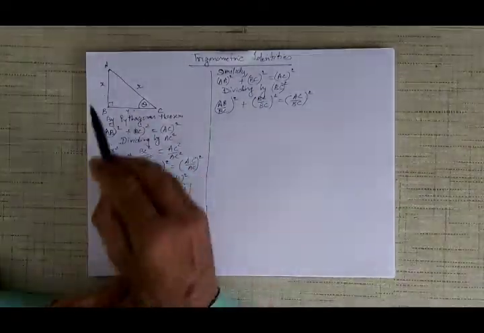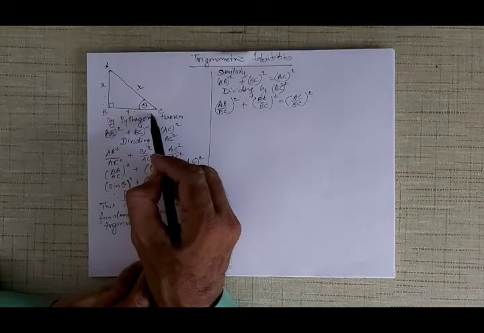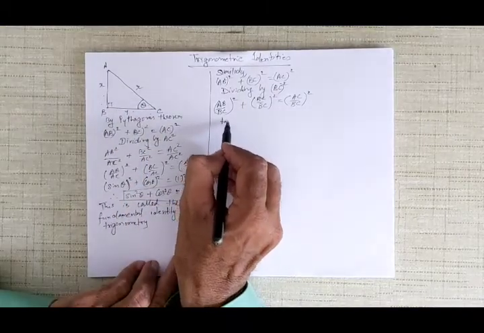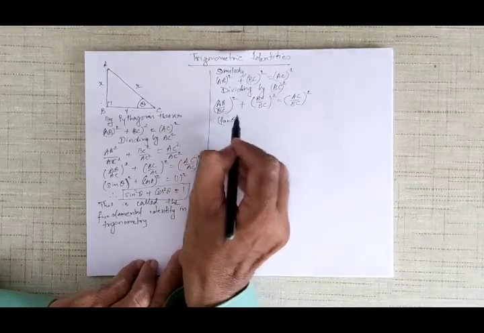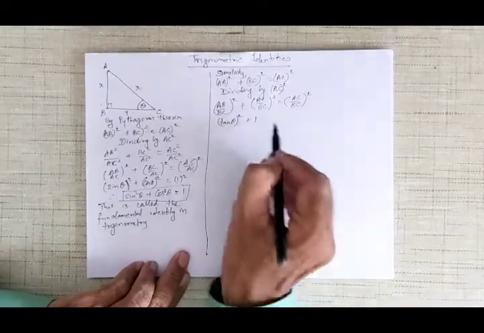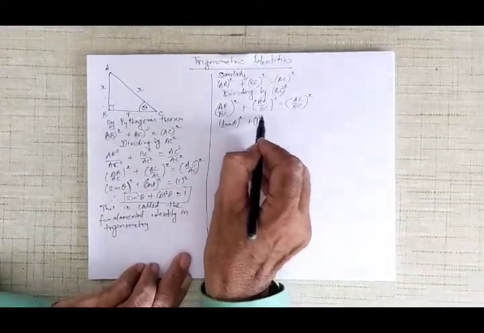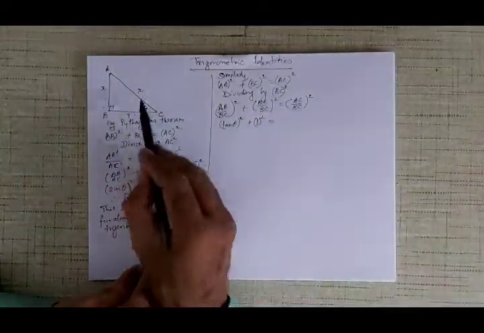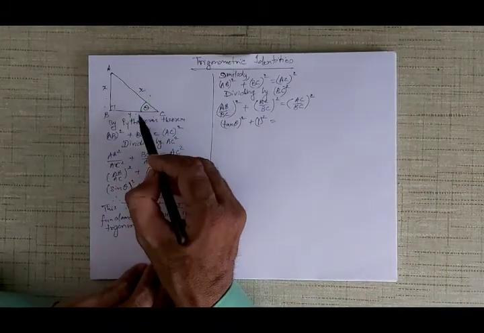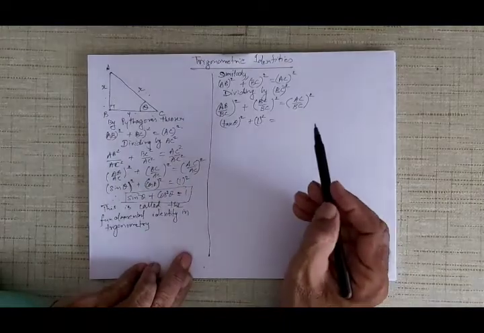Now AB upon BC is tan theta, with respect to angle theta. So that is tan theta whole square plus BC upon BC, that is 1, and 1 square is 1. And AC upon BC, hypotenuse upon adjacent side, is sec theta.